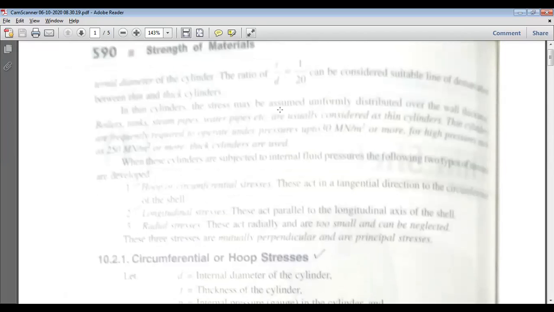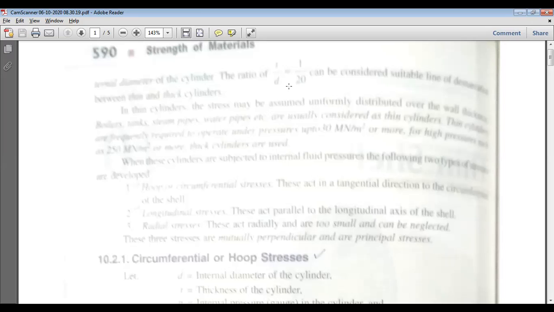So if we have L by D ratio as 1 by 20, that is, if the length is 20 times larger than the diameter, it will be known as a thin cylinder. So the ratio L by D should be 1 by 20 for thin cylinders.